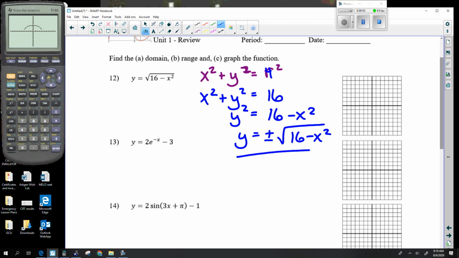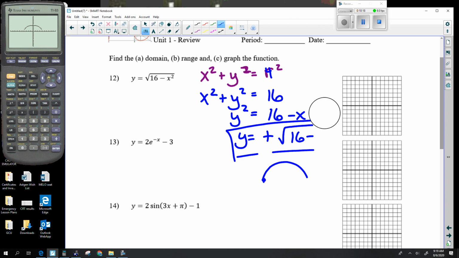And so this is still an equation of a circle. The positive portion would give the upper part of the circle. The negative would give the lower half of the circle, making a complete circle with a radius of 4. However, they don't give us this plus minus in this equation, they just give us the plus. So that is very specifically the upper portion of the circle.